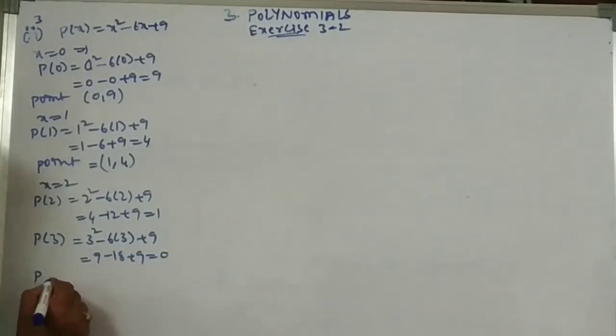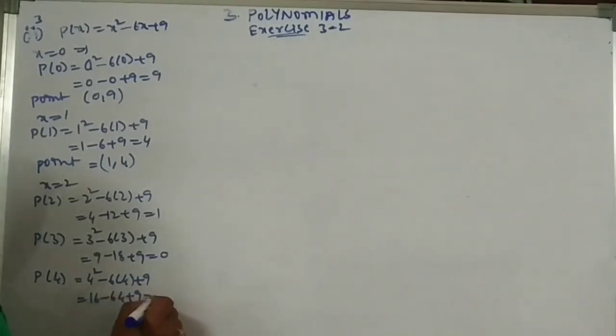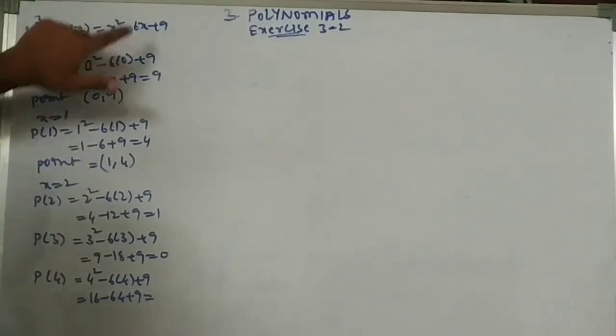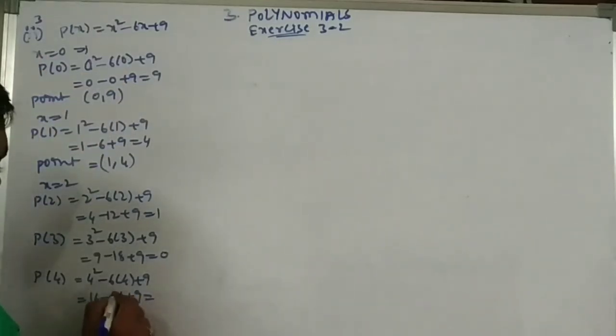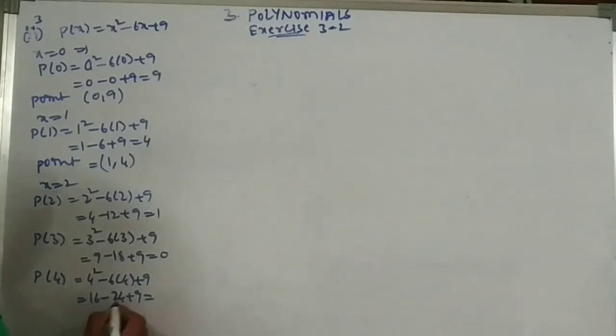P of 4. Now x equal to 4, I am substituting 4 square minus 6 into 4 plus 9. 4 square is 16, 6 into 4 is 24, 16 plus 9 is 25, minus 24 is 1.